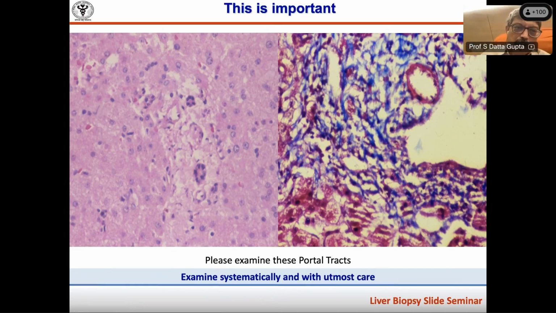Well, one portal tract out of 10 not showing a portal vein doesn't matter, or one not showing a bile duct doesn't matter. Now supposing somebody says this is a case of portal hypertension, spleen is large, there are esophageal varices, then this might be non-cirrhotic portal fibrosis, NCPF.